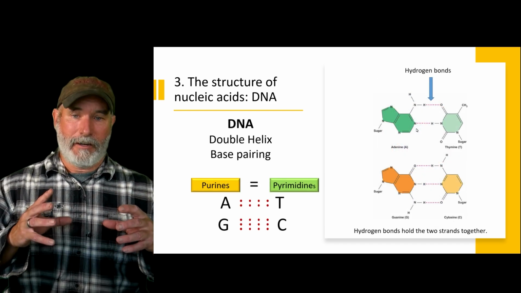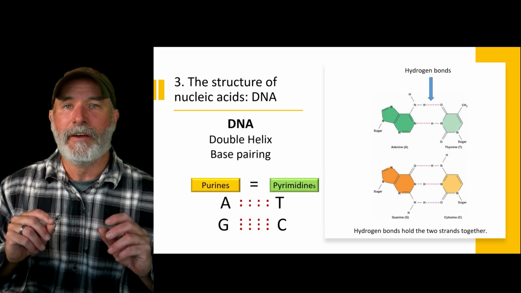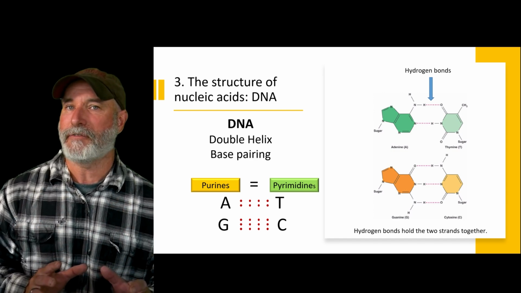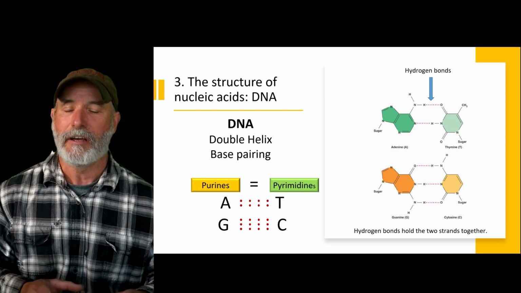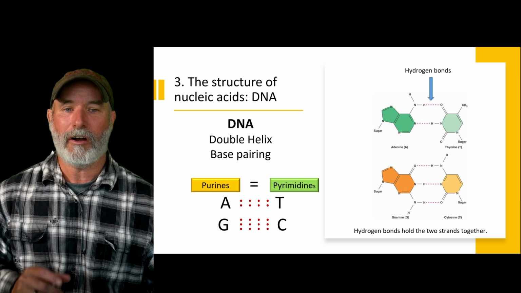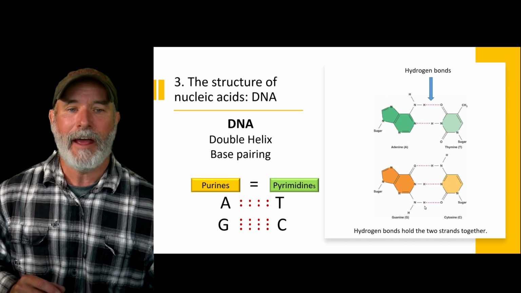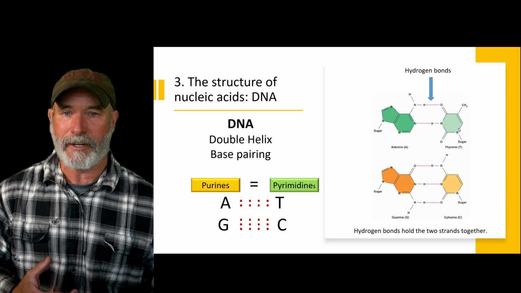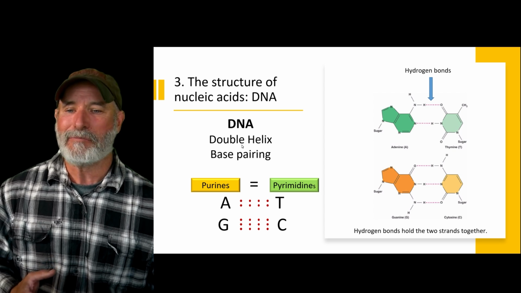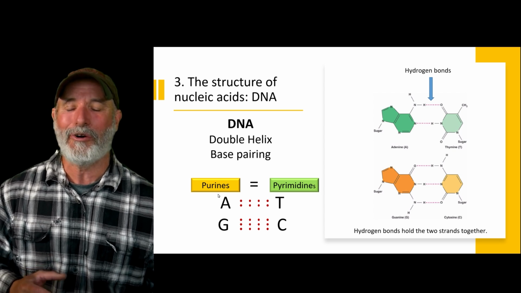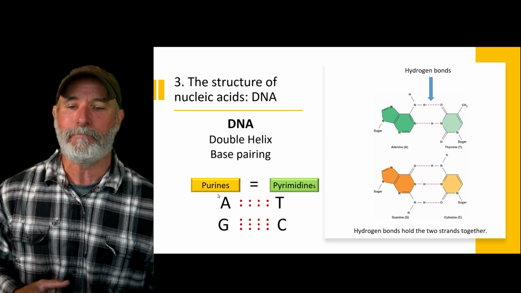Okay, now here's something that's very important. There are 2 major classifications of our nitrogenous bases. Purines, which are the double ring structure right here, and the pyrimidines, which are the single ring structure. And I always remember pure as gold. Purines are adenine and guanine.